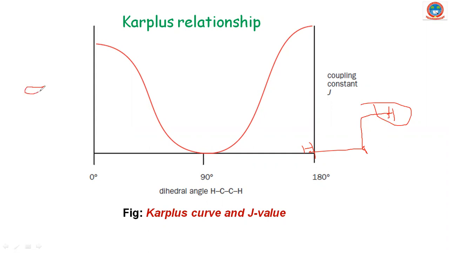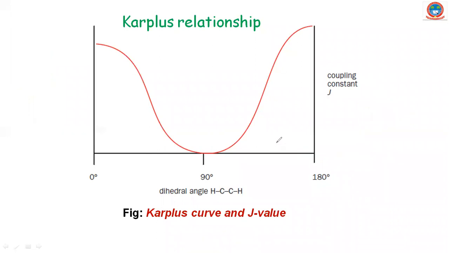There is an orbital of one proton, and the orbital of the other proton is like this. So there is no interaction, because one is oriented in this direction and the other in that direction.